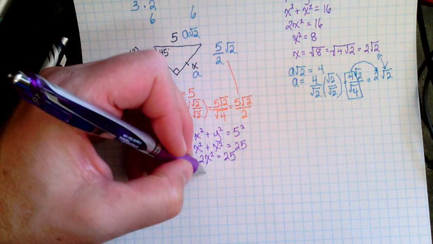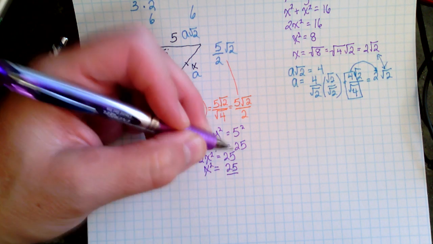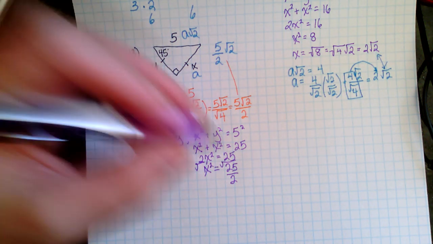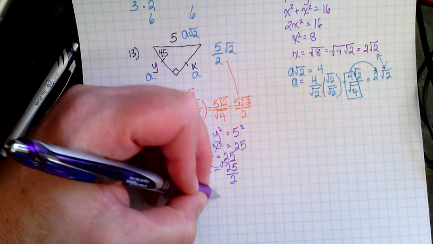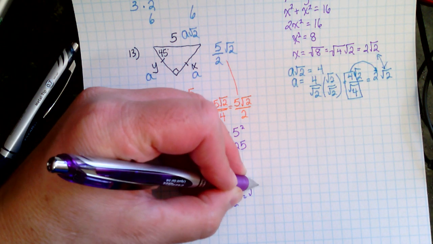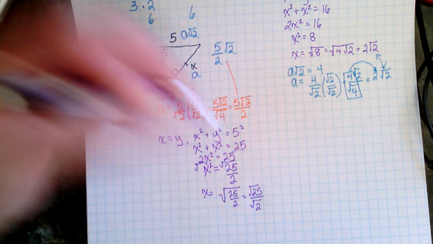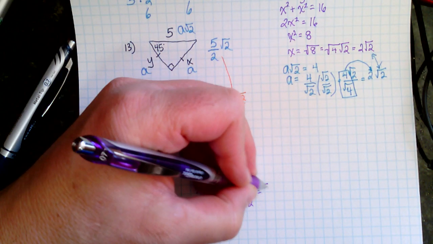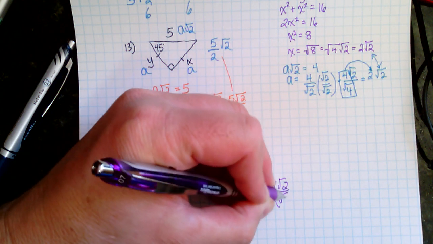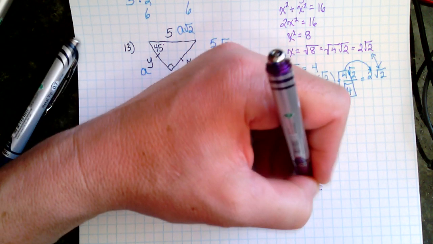Divide both sides by 2. X squared is equal to 25 over 2. Square root of both sides. Remember, in this scenario, this is x. This is the square root of 25 over 2, which is equal to the square root of 25 over the square root of 2, or 5 over root 2. Rationalize. 5 root 2 over root 4, which is 2.